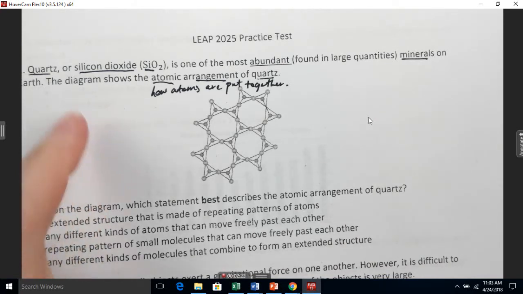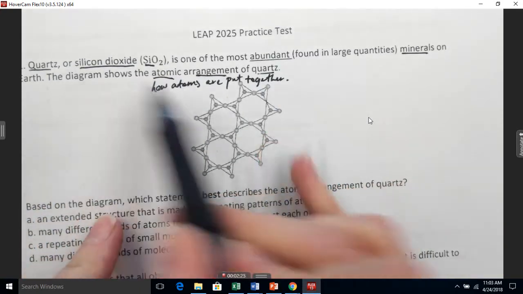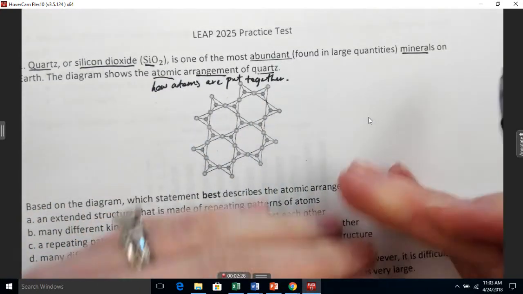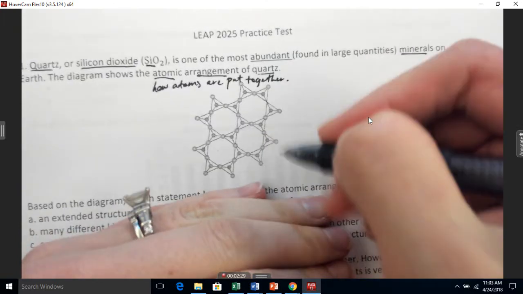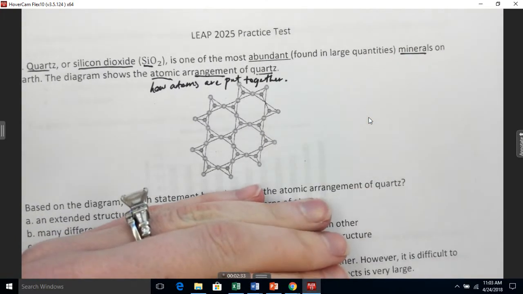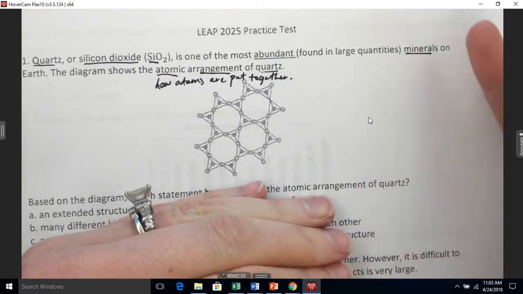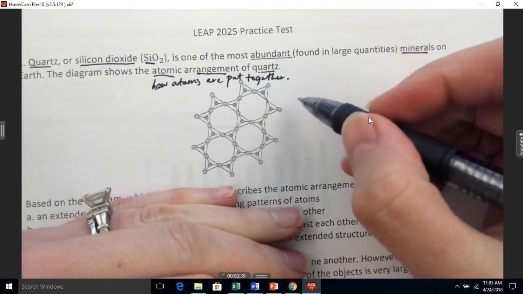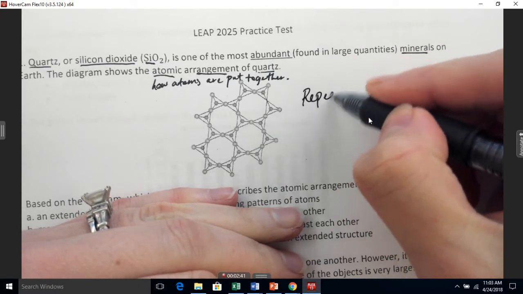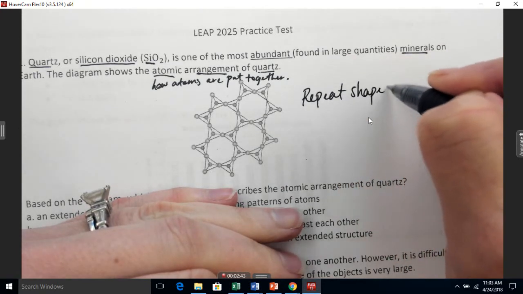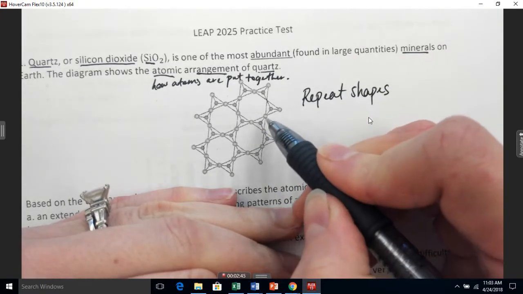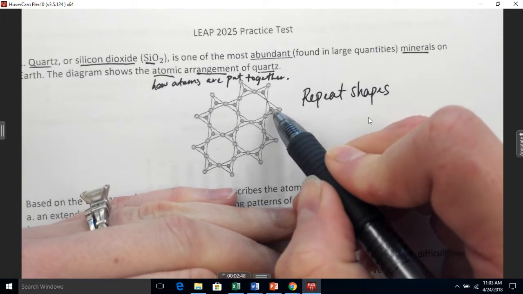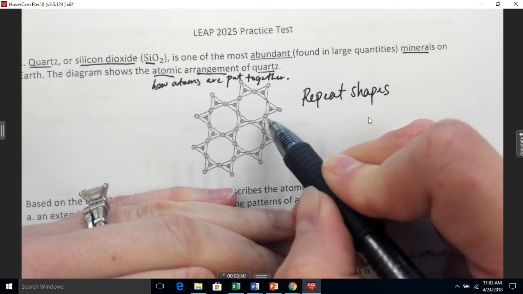Okay? The question is talking about this diagram, and before we ever go further, let's just tell ourselves, what do we notice about it? What do we see in this picture? Tell me. Repeating the shapes. Okay, repeat shapes. What else? There's different atoms in it. Oh, okay, so we have this dot. Is it the same as those two?